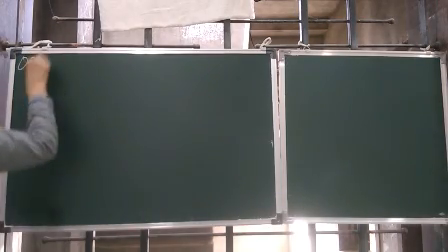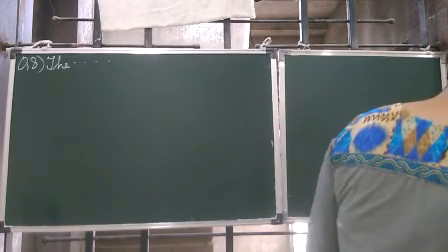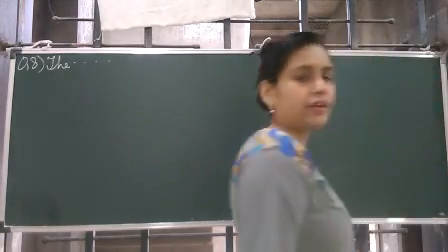The diagonals of the rhombus are given. A rhombus is like a square. That means all its sides are equal and diagonals bisect each other. I'll tell you what that means.